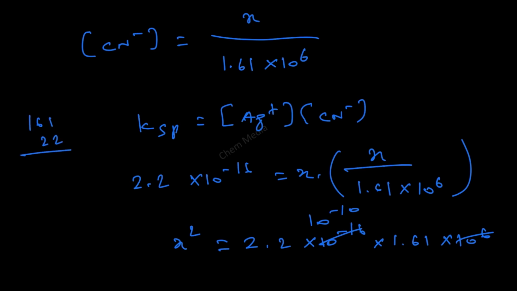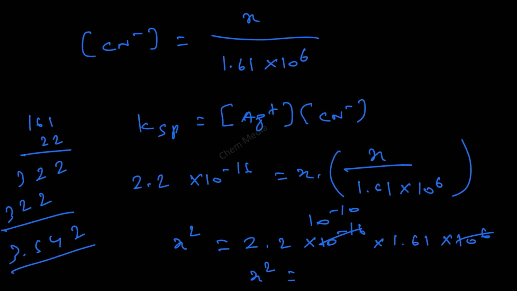So, that is 2, 6 times 2, 2 remaining 1, 2 plus 1 3. So, 2, 2, 3. So, 2, 4, 5, 3. So, 3.542. Therefore, X square is equal to 3.542 times 10 to the power minus 10.